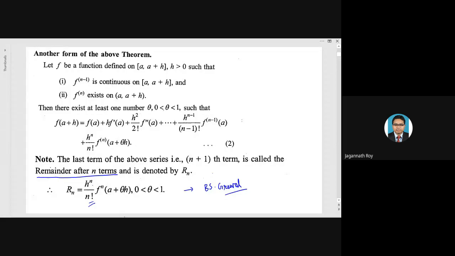The confusion may arise when other authors, other textbooks, will write Rn(x) equals to h to the power n plus 1 by n plus 1 factorial, and then f to the power n plus 1 of a plus theta h. So there will be confusion.